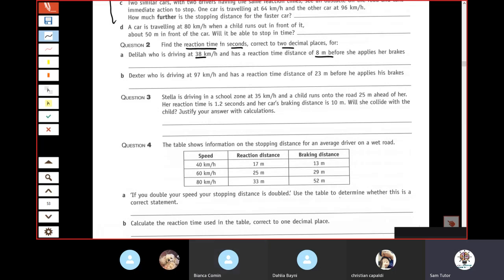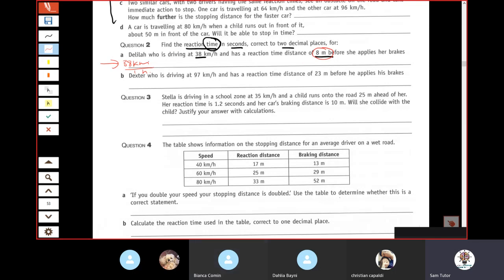This time we're not finding the distance, we're trying to find the reaction time. The car is going 38 kilometers every 1 hour. Now, you know the distance you've traveled, which is 8 meters.